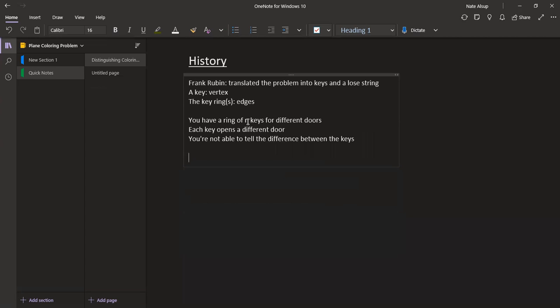So the problem that he stated was, what's the fewest number of colors you need in order to color the handles of the keys in such a way that you can uniquely identify each key.